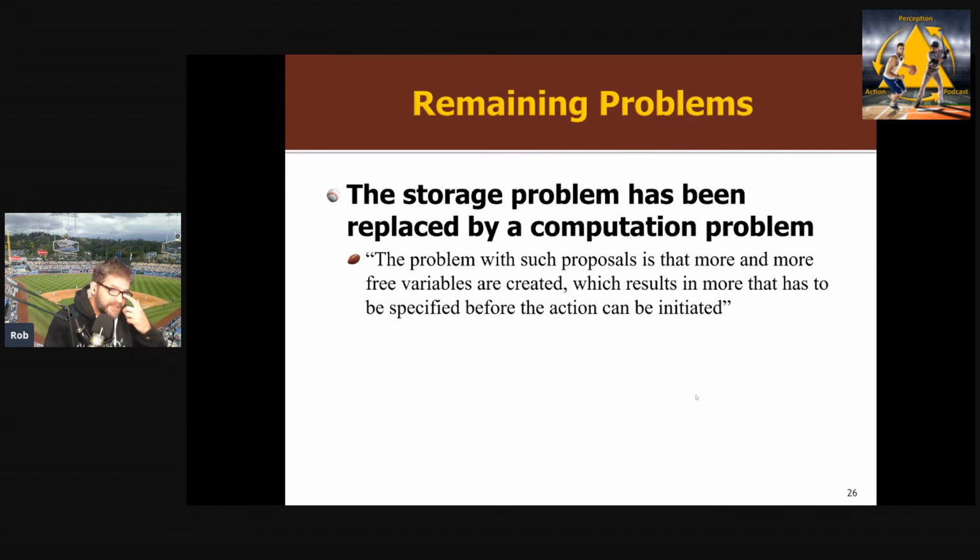A few other problems. One of them is that we've essentially replaced the storage problem with a computation problem. Instead of storing individual programs for every possible action, now we have to do ridiculously complicated computations to take into account all the initial conditions and all these factors.